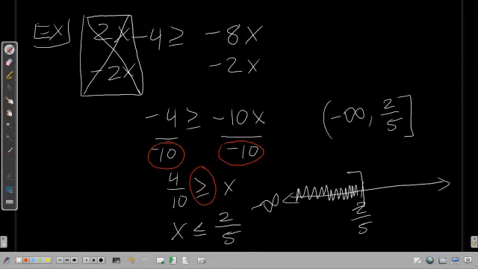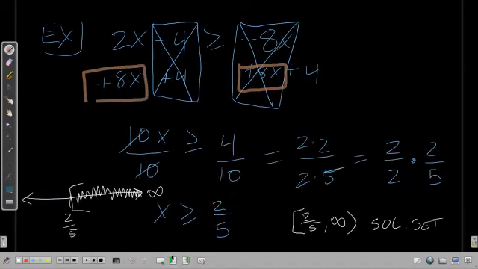For me to divide by negative 10 is the same thing as saying I'm going to multiply on both sides by negative 1/10. There's nothing wrong with doing that, except that if you do that, the inequality has to point the other direction. Why, you would ask? This is why.